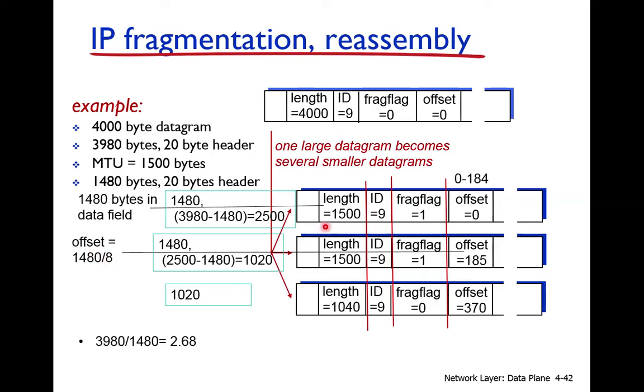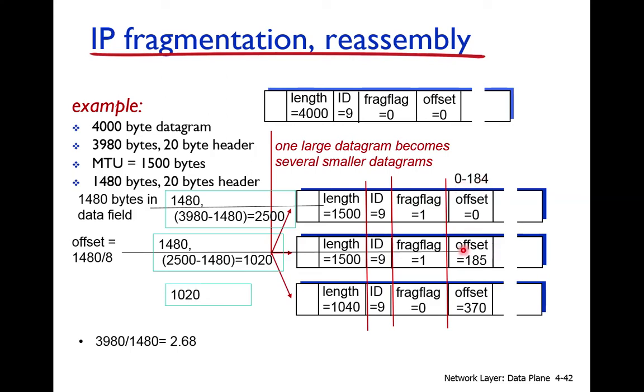So it means that this fragment contains the data from 0 up to 184. You can see that this packet contains 1480 bytes of data, so dividing by 8 gives 185, and the data is stored from offset 0 up to offset 184.